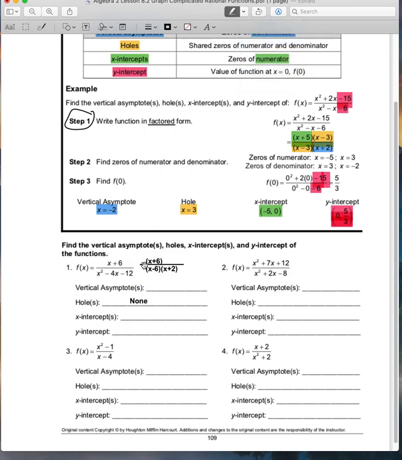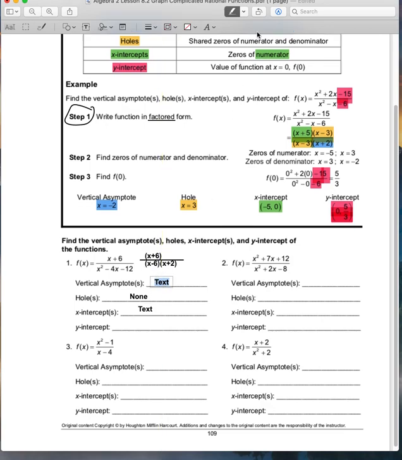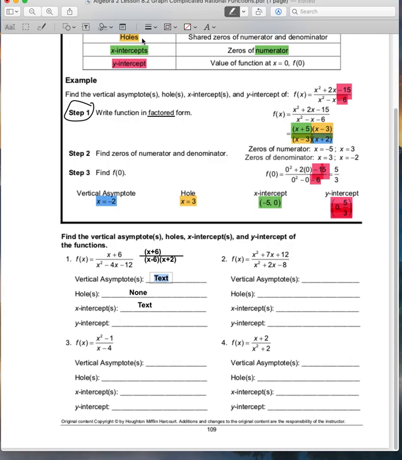I get it from those two down there. So I'm going to look in the denominator. That'll be for the vertical asymptote.